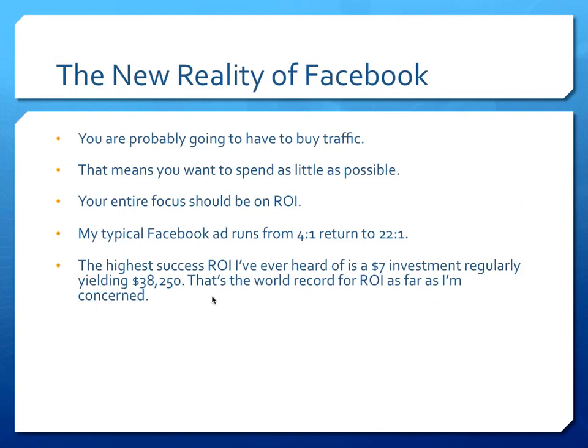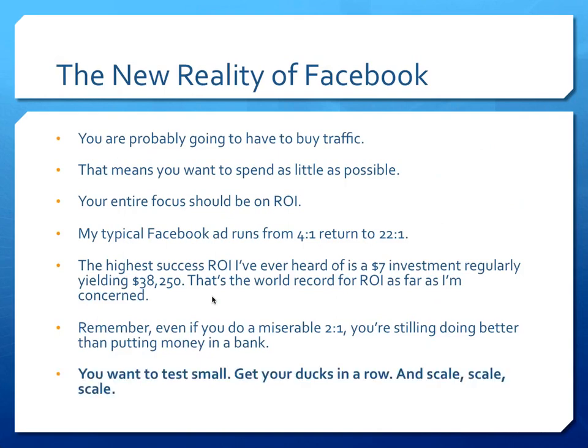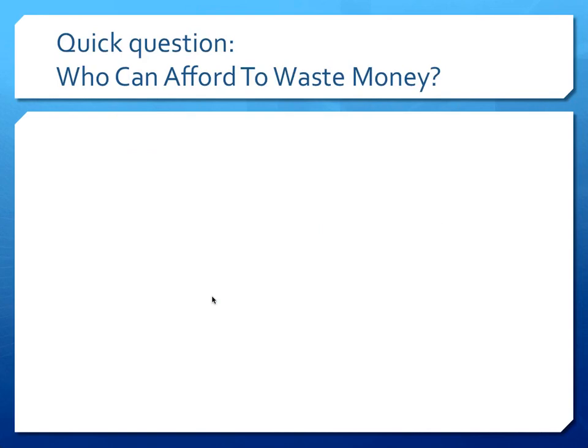I can do that as well. Remember, even if you do a miserable 2-to-1, you're still doing better than putting money in a bank. If you want to test, you want to test small, you want to get your ducks in a row, and then the idea is scale, scale, scale. If you know you're making money, if you know you have a formula and a recipe for success, then you want to go with that and build it up.